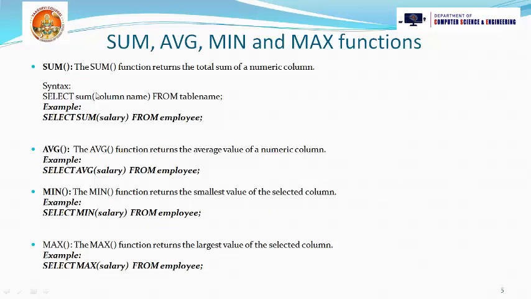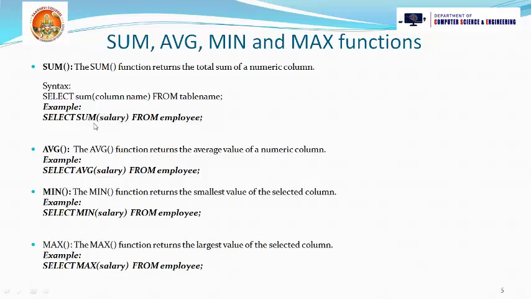The next function is the sum function, and this sum function is used to calculate the sum of the values specified in the column. For example, if we apply the sum function to the salary column in the employee table, it calculates the sum of the values associated with the salary column.